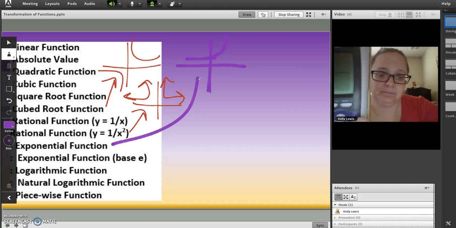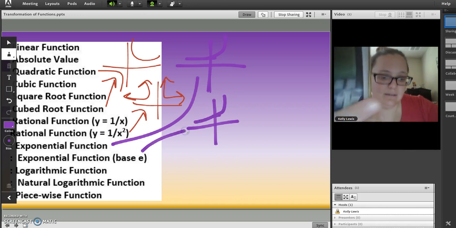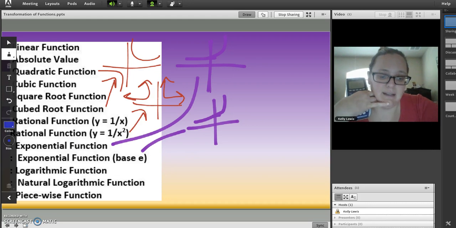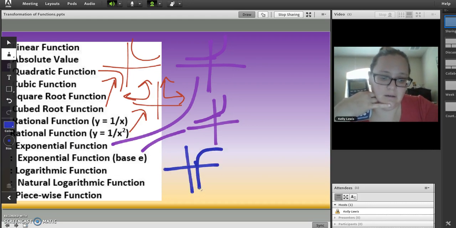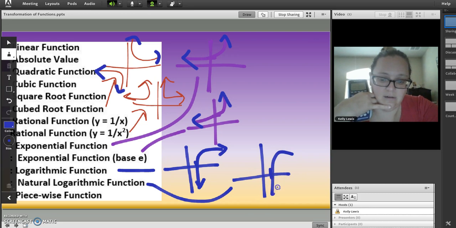Same thing. Not 1, e to the x. Log is at 1. Natural log. There's asymptotes on all these. Here too. Natural log, same thing as here.